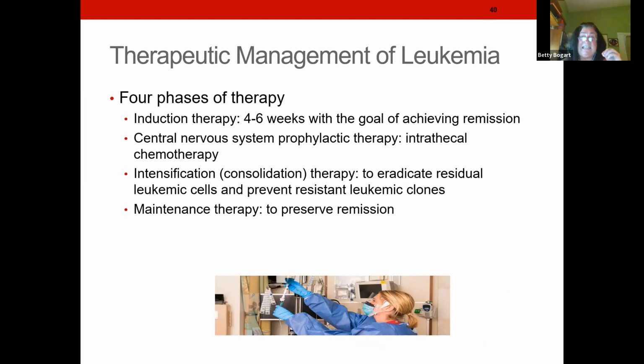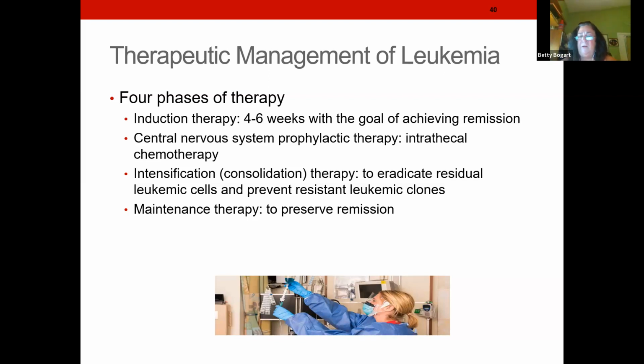That's called the induction therapy. In 4 to 6 weeks, they wipe out all the cells, all the cancers, gone. But there could be stragglers in there. So then we'll put it in the central nervous system, and then we're going to do what we call consolidation therapy and maintenance to get any little piece of anything that might be left there. But your most important, induction.